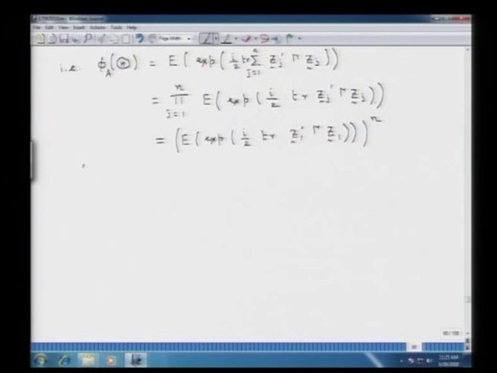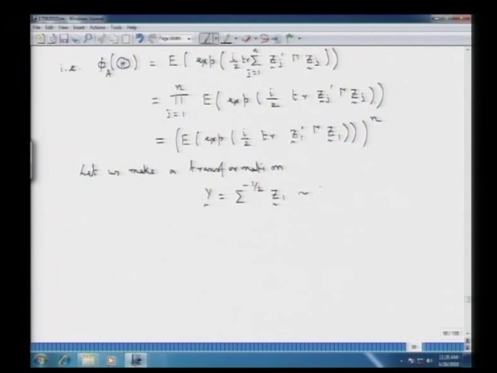Now, let us make a transformation. Say y equals sigma to the power minus half times this z1 vector. Remember, z1 has a multivariate normal distribution with mean vector 0 and covariance matrix sigma.